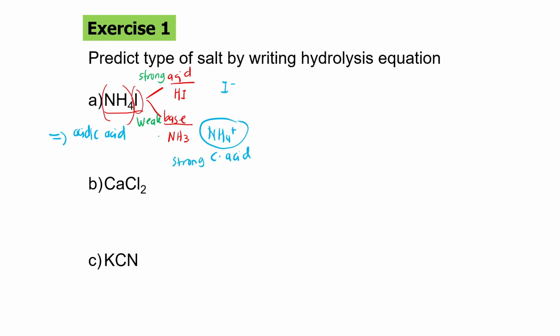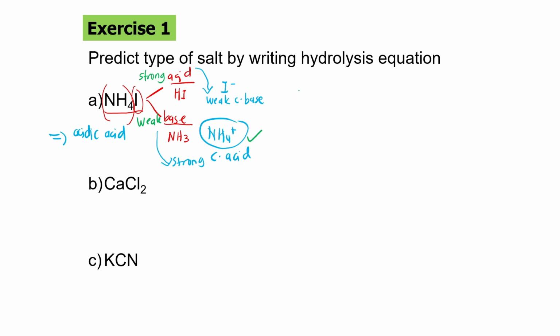Yes, because dia come from weak base. So I minus ialah weak conjugate base. Kenapa weak? Yes, because dia come from strong acid. So antara dua, anion ataupun cation, yang mana akan undergo hydrolysis? Yes, cation, because dia ialah strong conjugate acid.